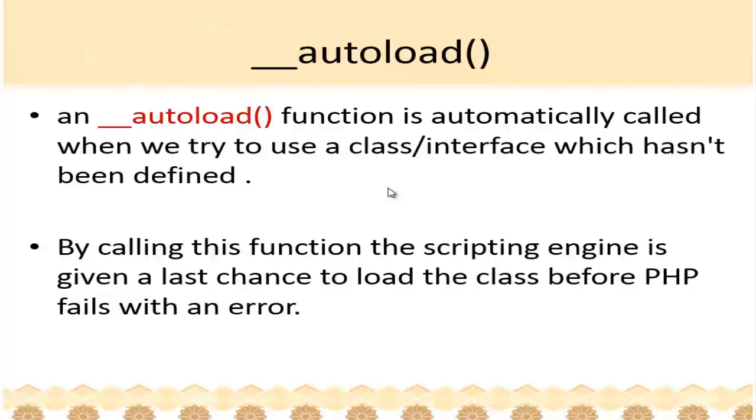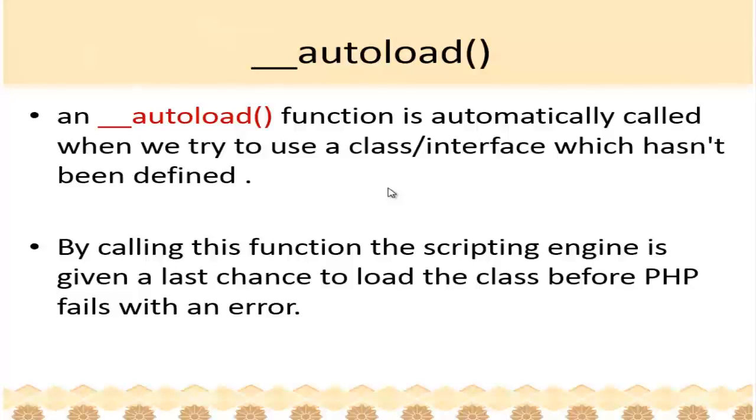The next one is autoload. What's the use of this autoload? We have not done too much object-oriented programming, but I have told you that whenever you create a class, it is better you create a class and save it in a separate file, so that you don't get confused. In other programming languages like Java, you have to create one file for a given class, and the file name must be the same as that of the class.